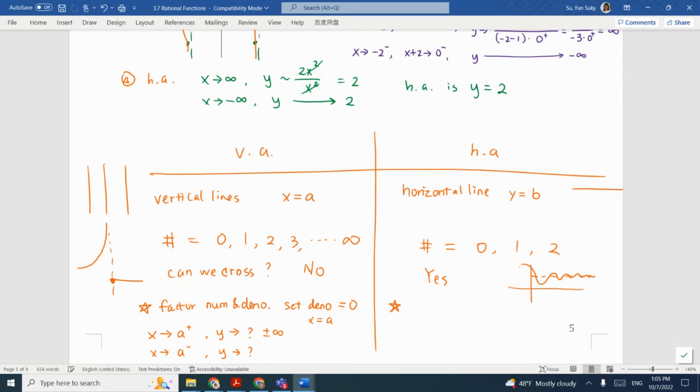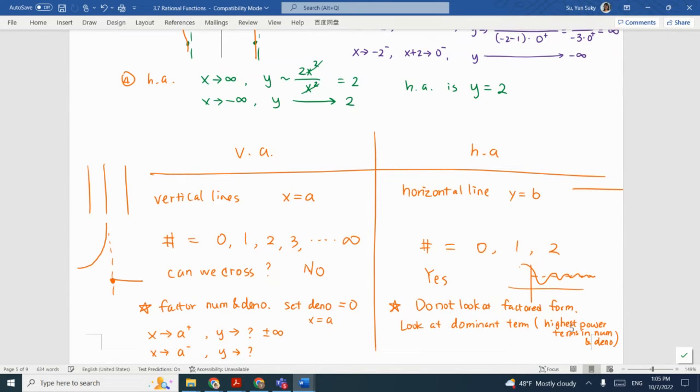And then for horizontal asymptotes, we don't factor it. Do not look at the factored form. We look at the dominant terms, which is the highest power term in the numerator and denominator.